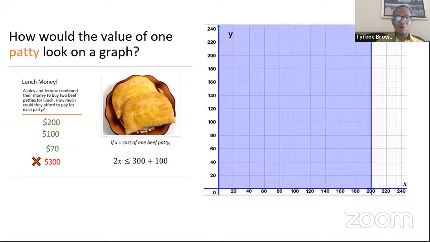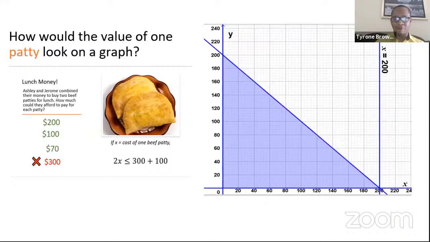So let's also look at a situation where we have this graph. And let us see what this graph would be possibly saying to us. Say, for example, when we did our checking around, we found that there are places selling patties for less than 200, right? Say, for example, a place is selling a patty for $180 each, right?